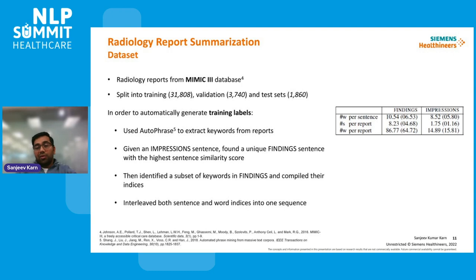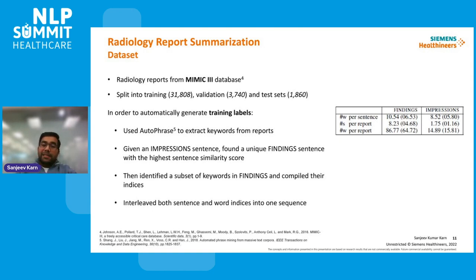Total words in the report is roughly 87, with a very high standard deviation of 65. The total number of words in the report impression section is lesser than in the finding section, obviously, roughly 15 words in impression, with a very high standard deviation of almost 60.